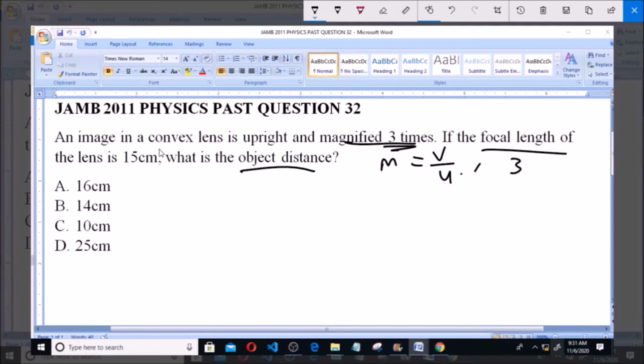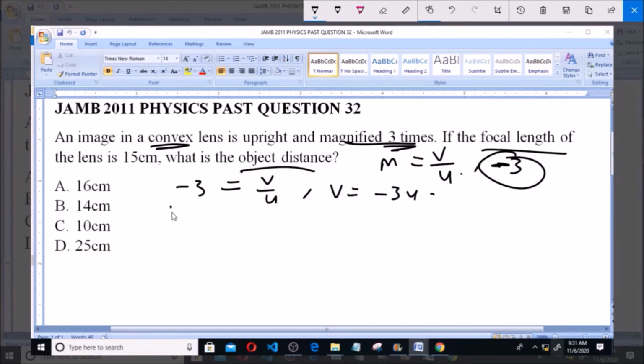Now it's important to know that it is a convex lens, so that means the image is virtual and hence the magnification is negative. So the magnification is -3, and let's substitute that here. -3 is equal to V over U. This means that V is equal to -3U.